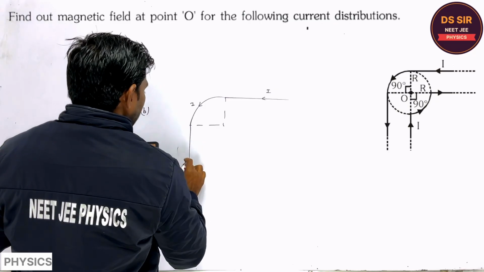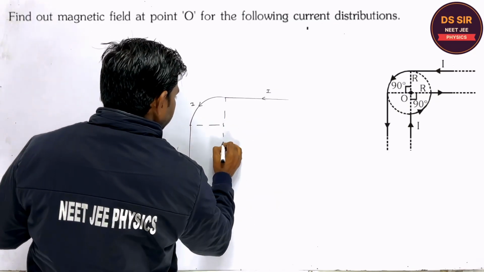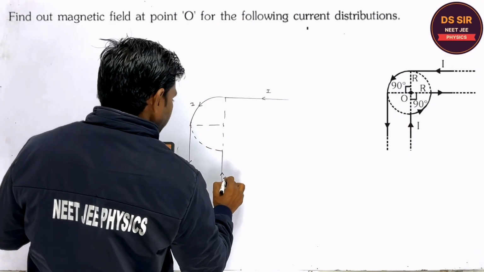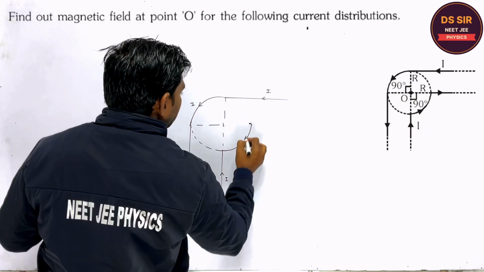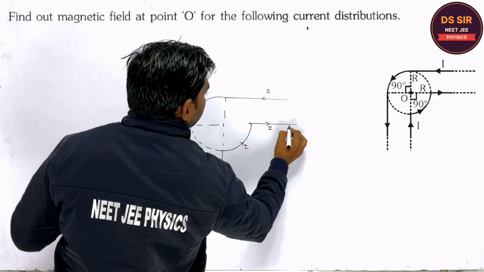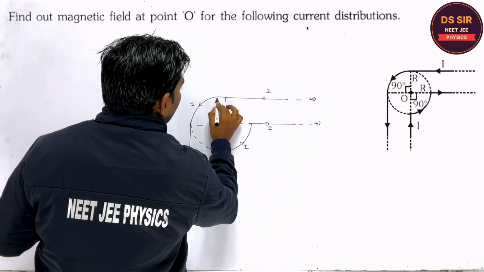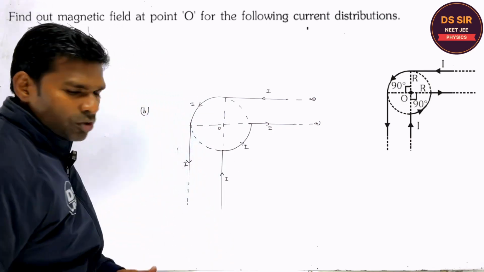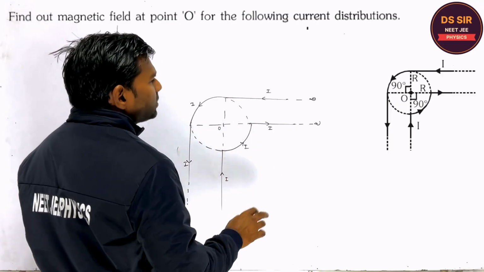Right, the current is I. Fine. Another part: this is the semi-infinite wire, then this is the quarter circle, and this is the current carrying wire. You have to find the field at the point O. Now these are the six parts.